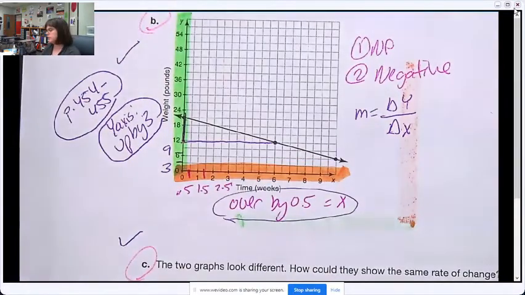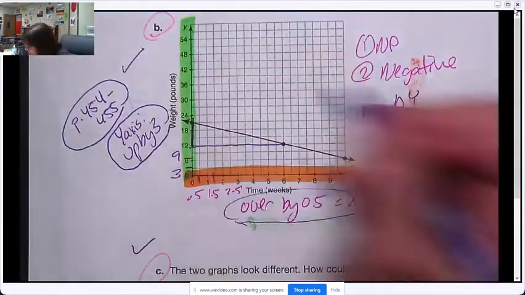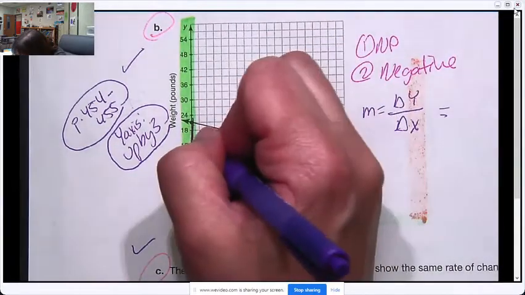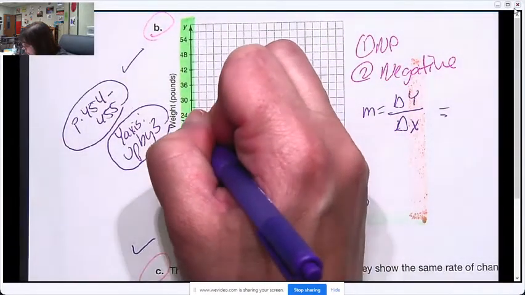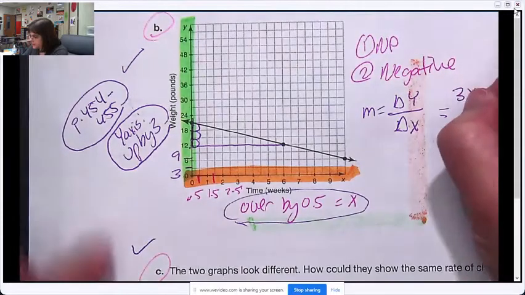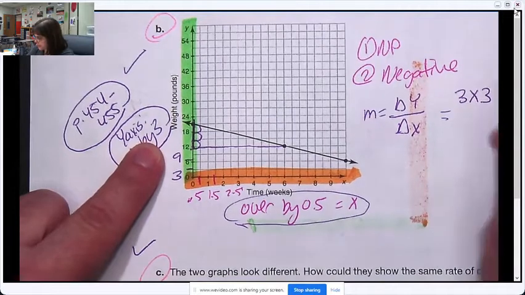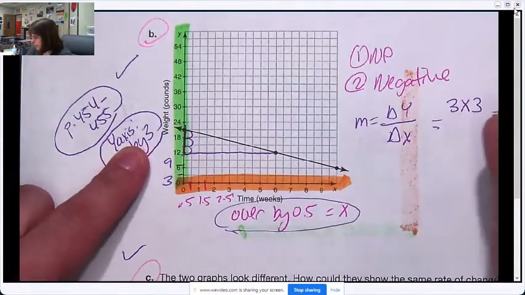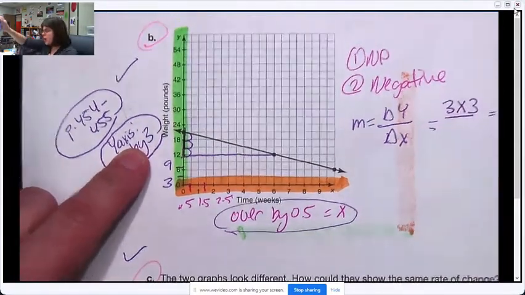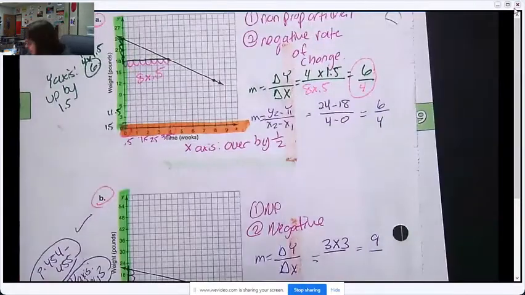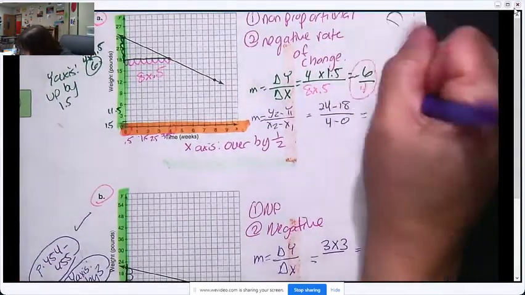Okay, and I can go over and see that my change in y is going to be 1, 2, 3. So it's 3 blocks times a value of 3. So now it's 3 blocks up. That means y is going to have a value of 9. Oh, you know what I forgot on the top part? You guys would have told me this in class. That these should be negative.